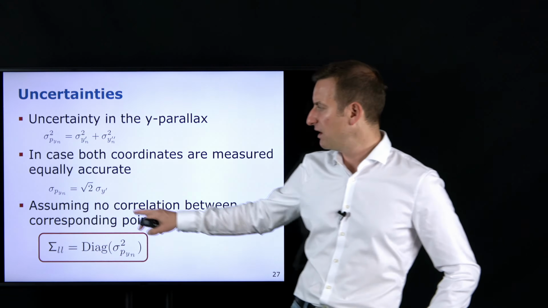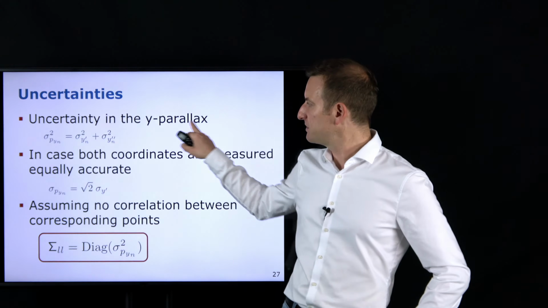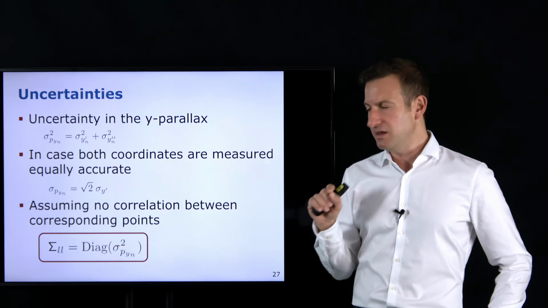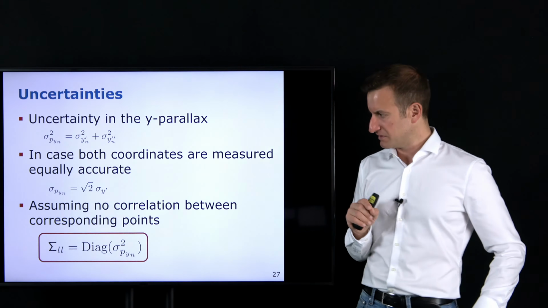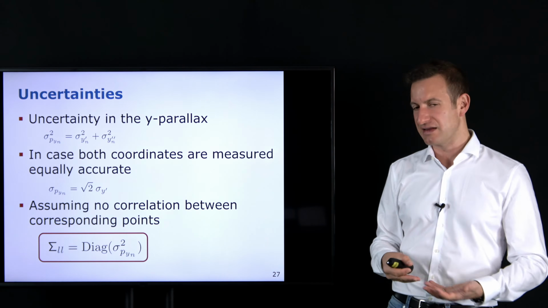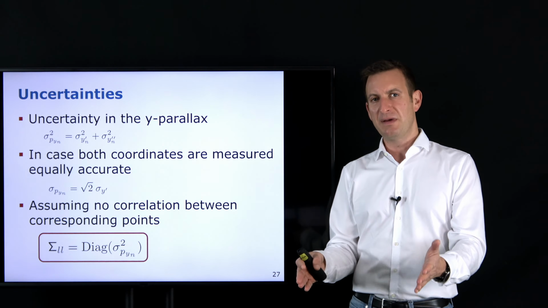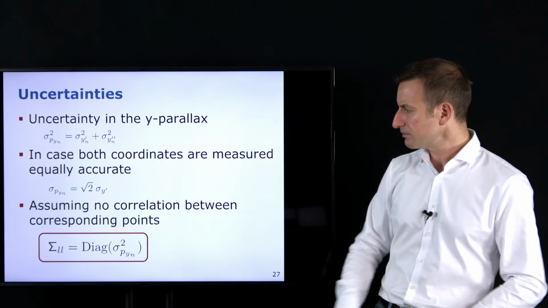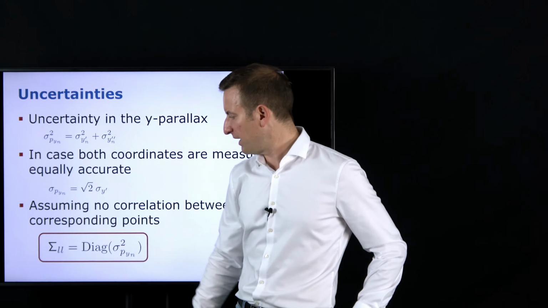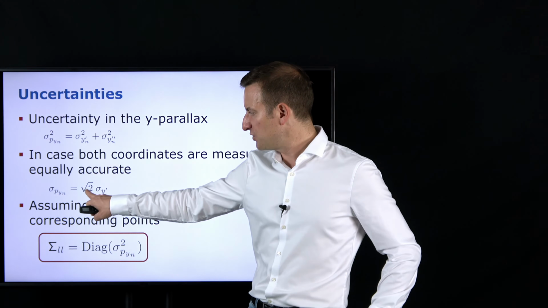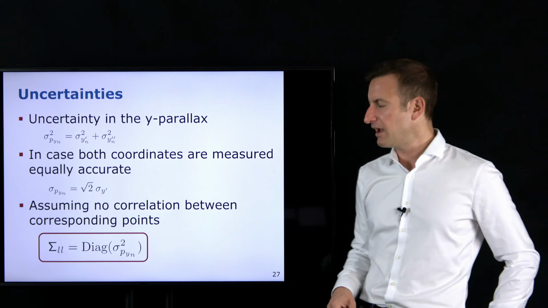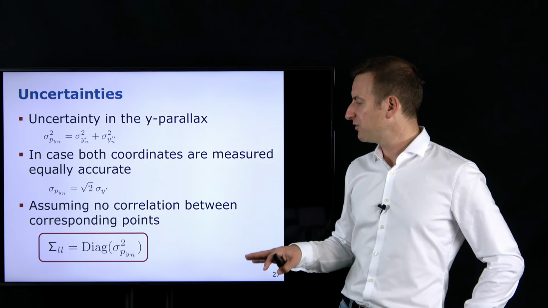This is the uncertainty of my observations because I treat the y-parallax as the observation here and not the individual pixel coordinates themselves. But of course they are directly related, because from two pixel observations I can obtain my parallax observation. So the uncertainty of my observations is a diagonal matrix which has exactly this term squared on its main diagonal. Okay, so it's fairly straightforward.